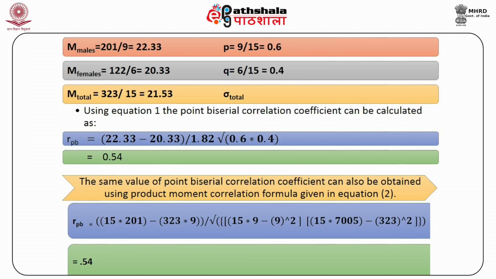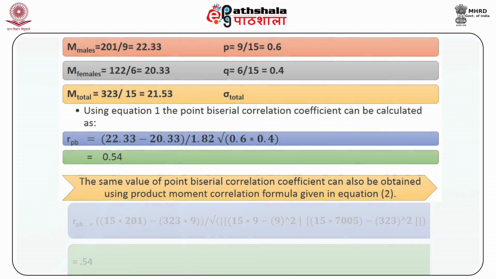On application and substitution of the values from table 1 in equation 2, we arrive at point biserial to be 15 into 201 minus 323 into 9 upon the square root of 15 into 9 minus 9 square multiplied with 15 into 7005 minus 323, and the value of point biserial turns out to be 0.54.